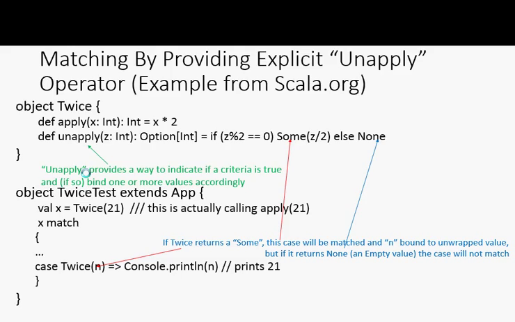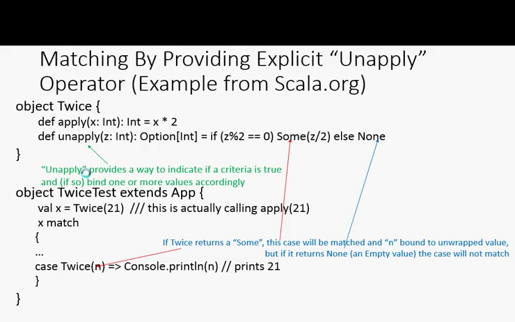On the other hand, if this match here is called on an x that's not even, this won't match. This will return None, which is kind of indicating an empty option, and it will fail. This match will fail. It will go on to look at other cases. So here, ladies and gentlemen, we have a very simple apply and unapply.